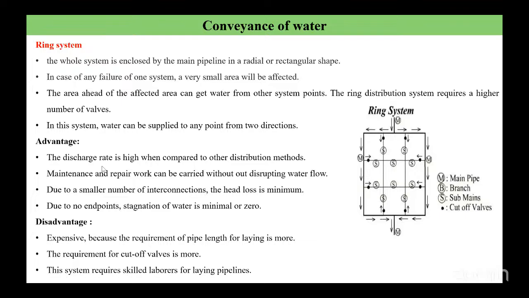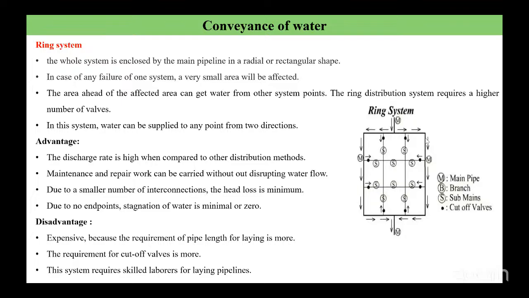The maintenance and repair work can be carried out without disrupting water flow, and due to the smaller number of interconnections, the head loss is minimum. Due to no end points, stagnation of water is minimal or zero. This can also be planned in well constructed cities such that there will be proper distribution of flow with minimal repair works and without disrupting the water flow.